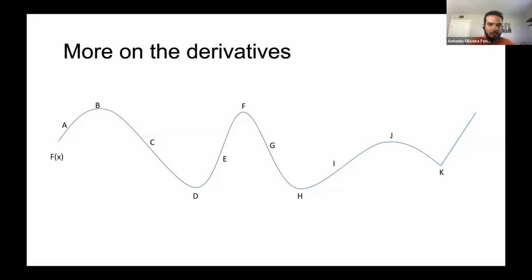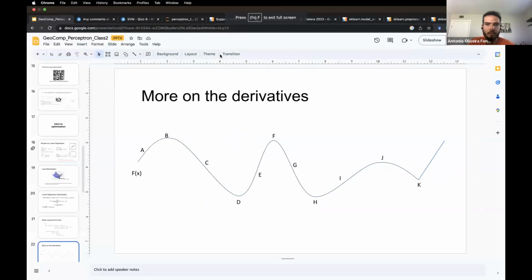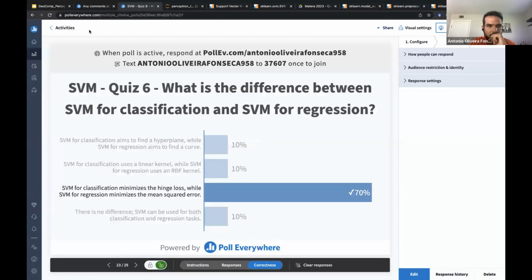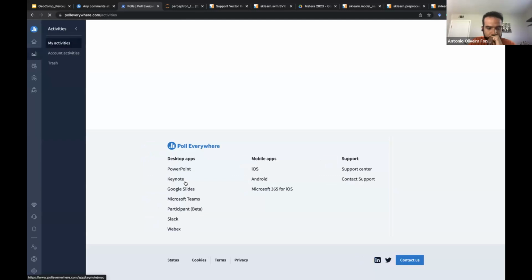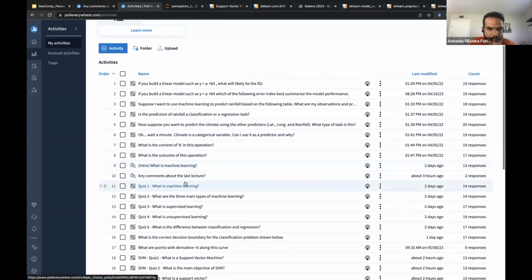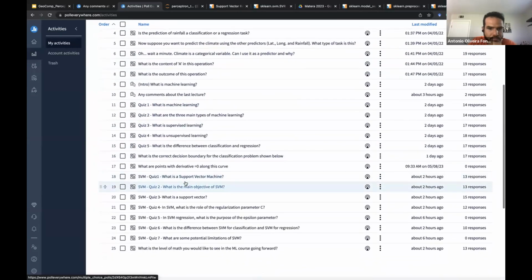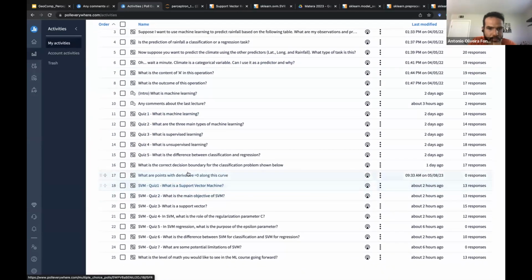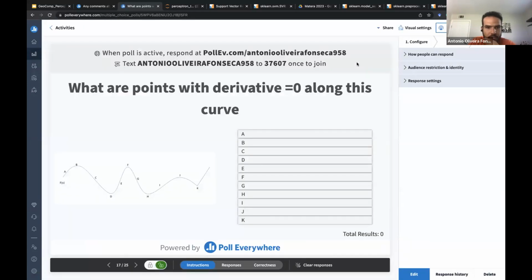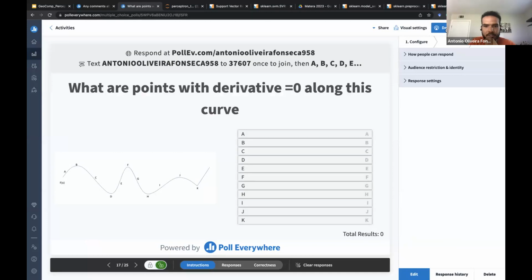Perhaps I even have a quiz where you can answer that, and I can turn it on and let you vote on that. I think it's this one, so I'm going to activate this. Perfect. Please vote on the points where I have the derivative equal to 0 along this curve, and then we're going to discuss.